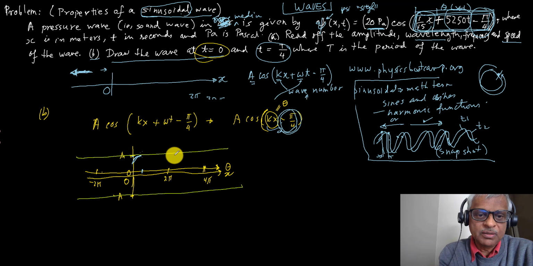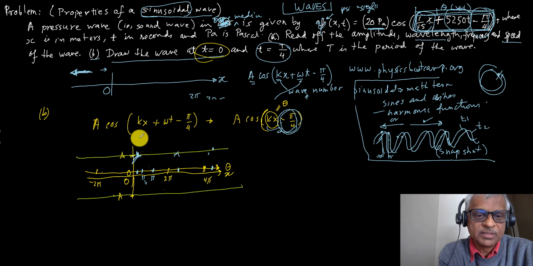The peak will be again over here, and again over here. So this is pi over 4, this is 2 pi plus pi over 4, 4 pi plus pi over 4. These will be the peaks. This is pi, this is pi over 2, this is pi over 4.